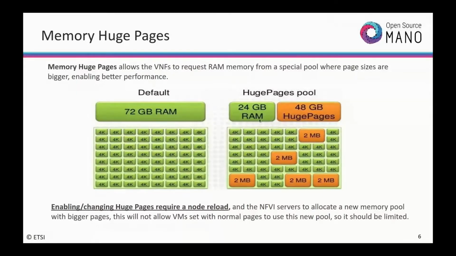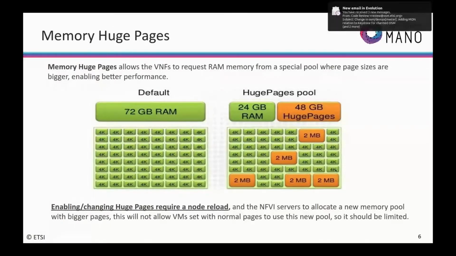So we don't have to do it for the entire hypervisor. We can do it bit by bit. We can say, okay, let's leave 24 gigabytes of our RAM as regular pages, and 48 gig of them are going to become huge pages.